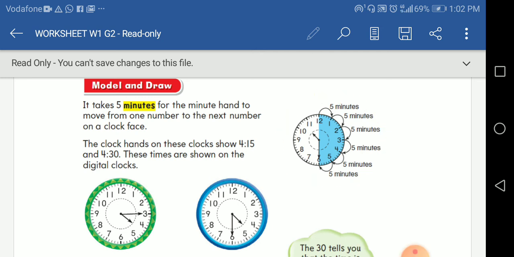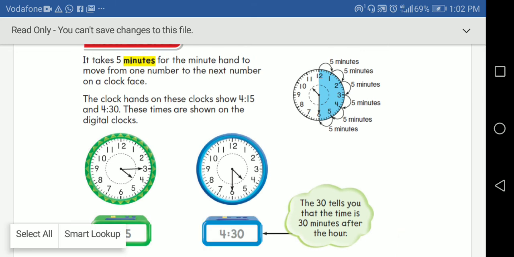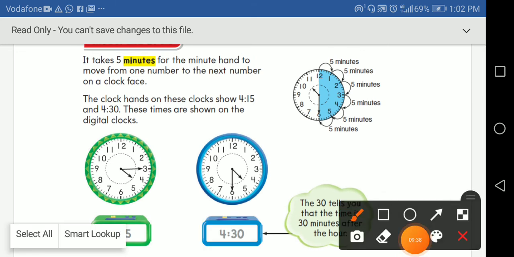So if I ask you, 1 hour equals how many minutes? 60 minutes. Okay, so this is what the clock hands on these clocks show, 4:15 and 4:30.